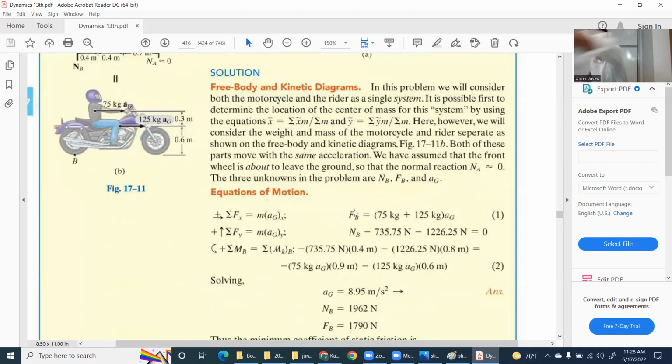Usman, this is an excellent point. So look, summation of moment about point B. Look at the right hand side. Again, I have gone through this problem if you have been following the classes. What exactly do you have in this pure translation problem? MAGD and MAGD, but you don't have IG alpha. Why? Because the biker or the bike itself, they are not rotating. The biker and the bike are in translation.